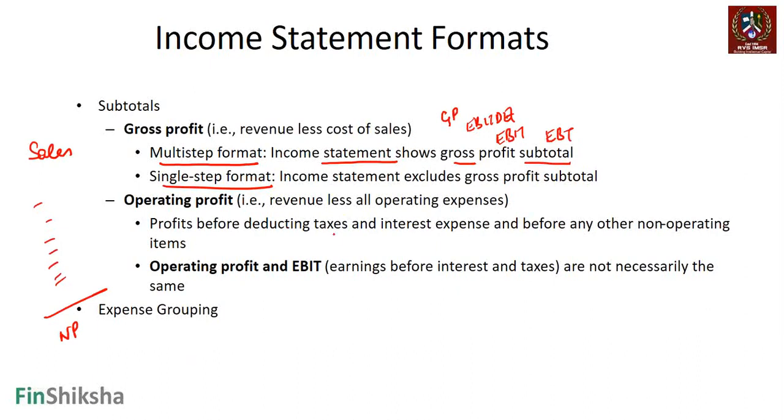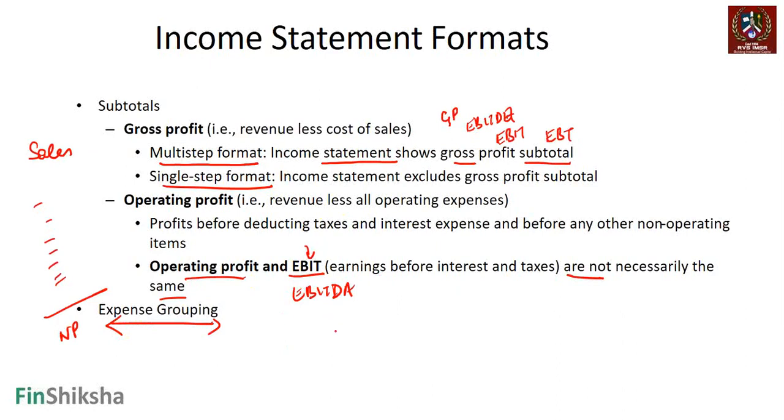Then we have operating profit definitions. Basically, operating profit and EBIT may or may not be the same. In some geographies, EBITDA is considered as the operating profit, in some EBIT is considered. Remember, other income has to be excluded in this. And then expenses can get grouped in terms of a variety of formats.